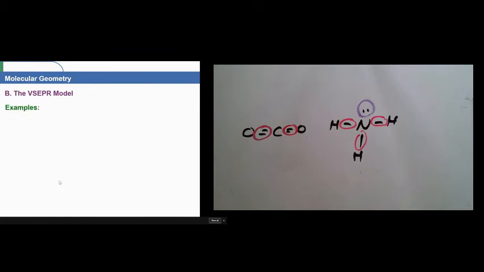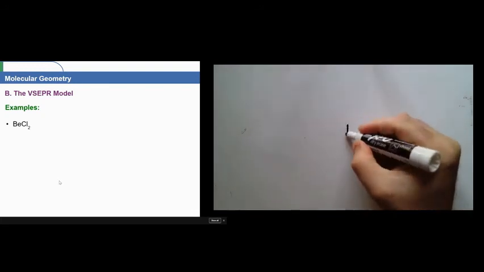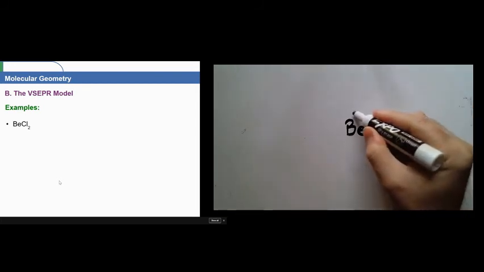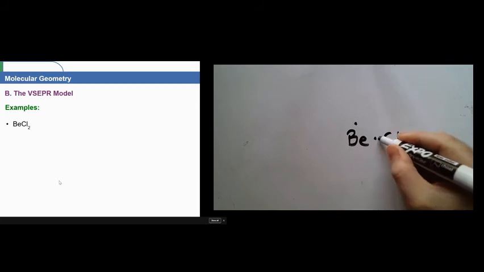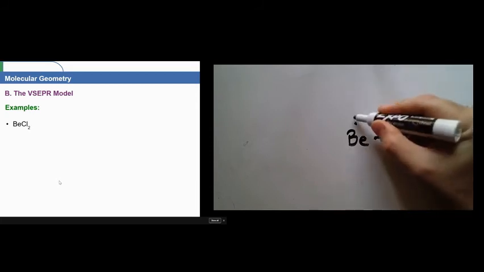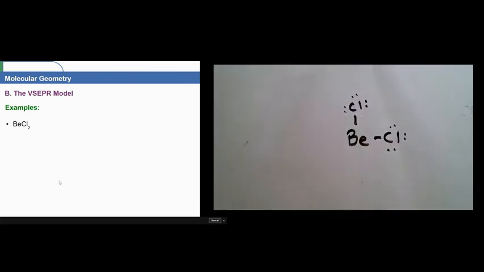Now let's try some other examples. Let's try BeCl2. Now beryllium is in column 2, so it has 2 valence electrons. And then there are 2 Cl's. Each Cl has 7 valence electrons, and they can each form 1 bond. So there's a bond there, and there's a bond there.